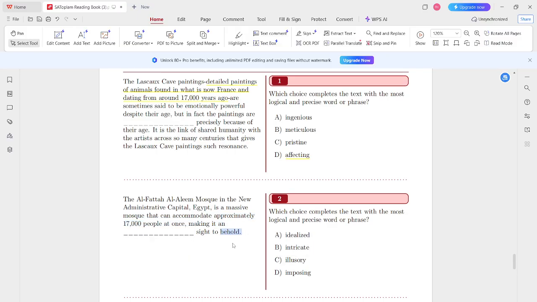Behold means seeing something, observing something, looking at something. The text is saying that basically this mosque is a massive mosque that can fit 17,000 people at once. And because of this, this mosque is some kind of sight to behold.